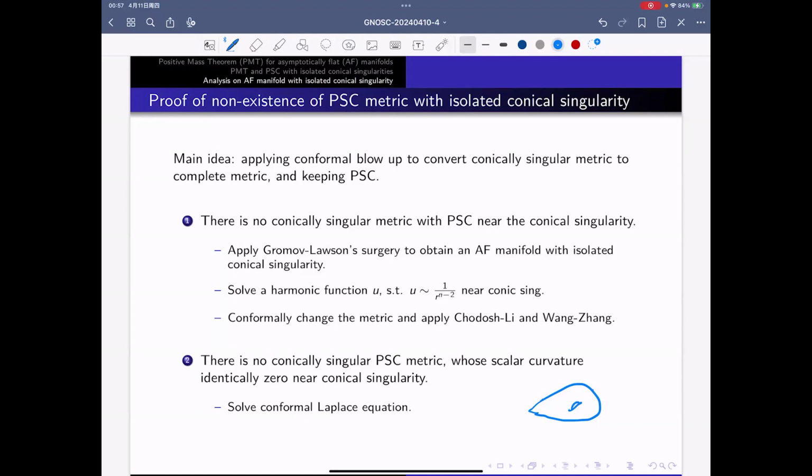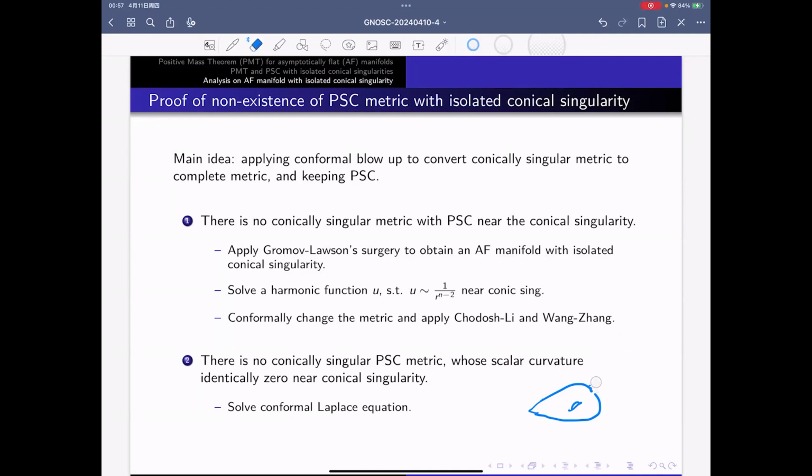If we do surgery at, for example, this kind of point, then after we blow up, we will change the cross section. So probably we will get a cross section like this, and maybe we cannot apply the result of Chodosh and Li.